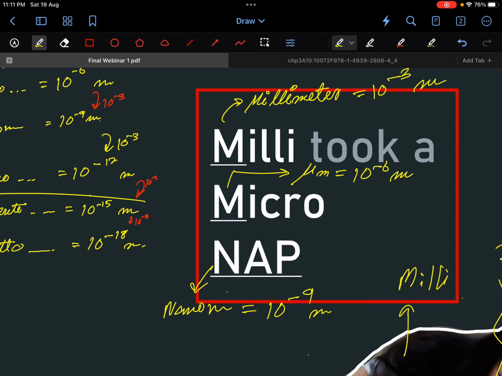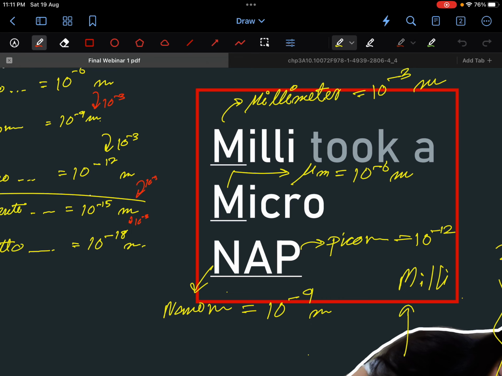And trust me, if you practice this 2 to 3 times, you will instantly know the relationship between nanometer and meter. It's just about practice. But for initial steps, this mnemonic is really helpful. It helped me a lot in stress situations when I don't remember the relationship between picometer and meter. So N is nanometer and P is picometer, right? Picometer, and the jump is again 10 to the minus 12.